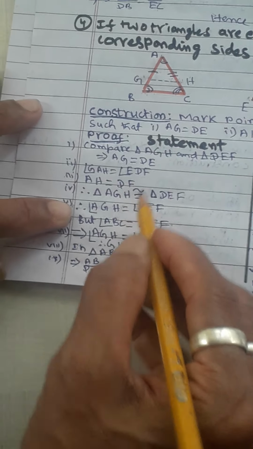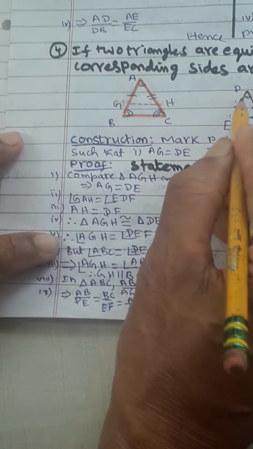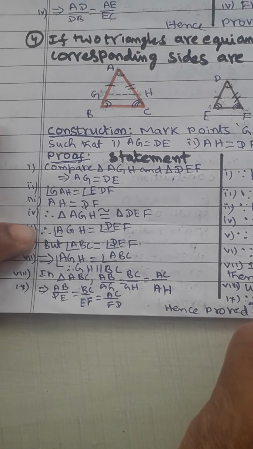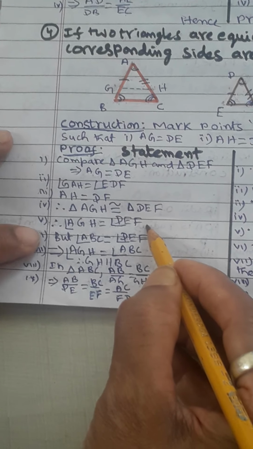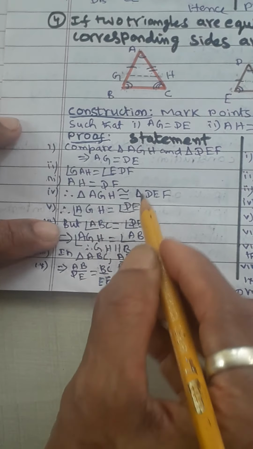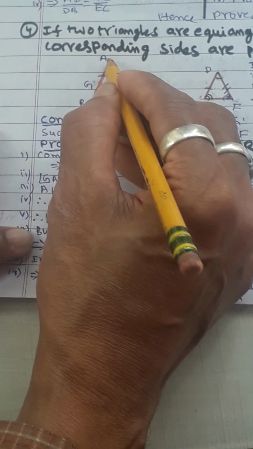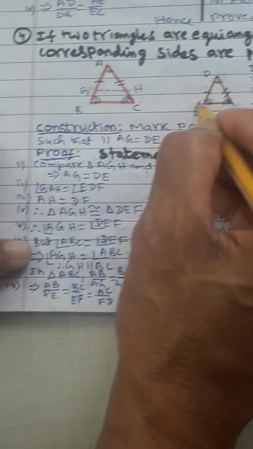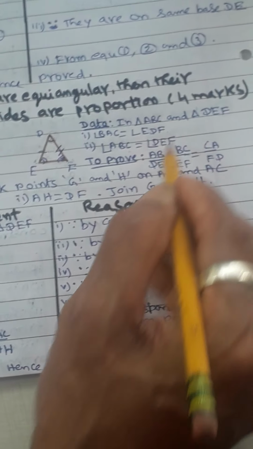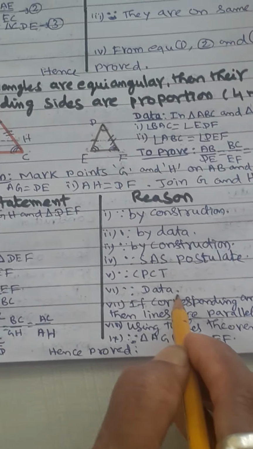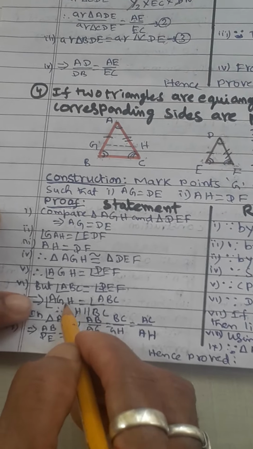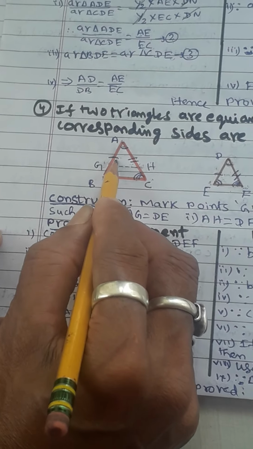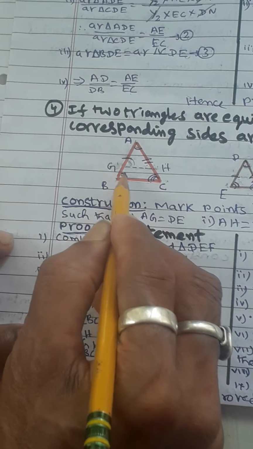Once that is so, we can say angle AGH is equal to angle DEF, because corresponding parts of congruent triangles are equal. Once that is proved, we can say that angle ABC is equal to angle DEF. That is given in the data, so we have written it. Then in this triangle, if you consider angle AGH, this second angle comes as equal.